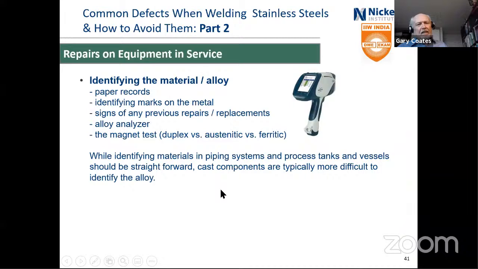When we go back to identifying the material, I won't go into a lot of detail here, but basically every chemical plant, every petrochemical plant should really own an alloy analyzer. They are not cheap. Typically, they're 25 to 30,000 US dollars. You don't want to let just anybody use it. It has to be a properly trained person, but they are really the best way to make sure you know what you're dealing with when you're going to weld something.